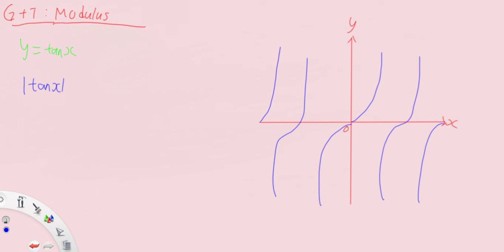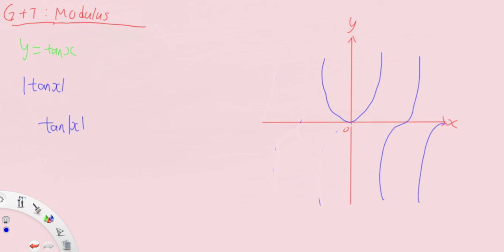So now if we have tangent mod x, it would be very different, in a way where it will be symmetrical. It's no longer the same graph. Unlike cosine x and sine x, it will now exhibit proper symmetry, but in another way.